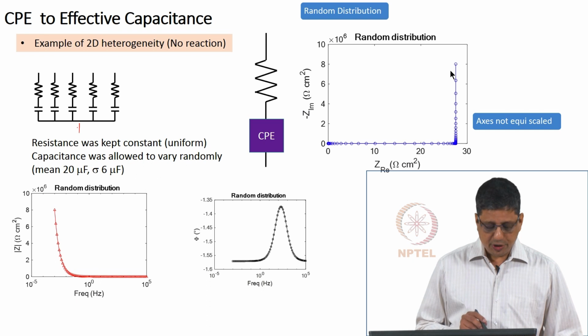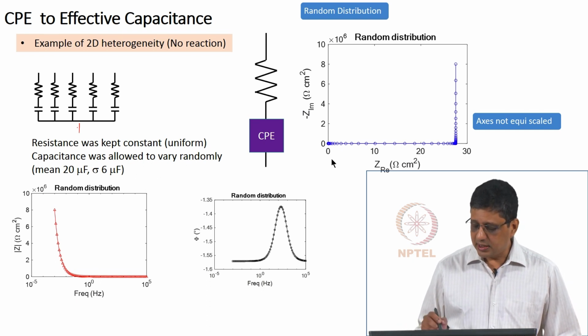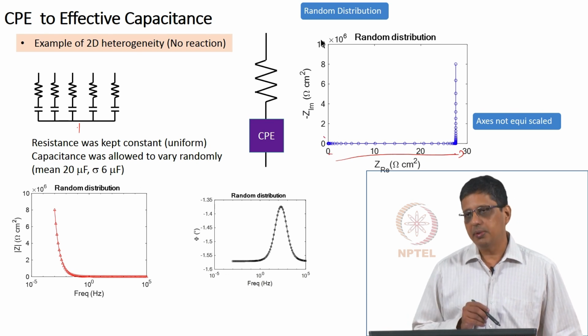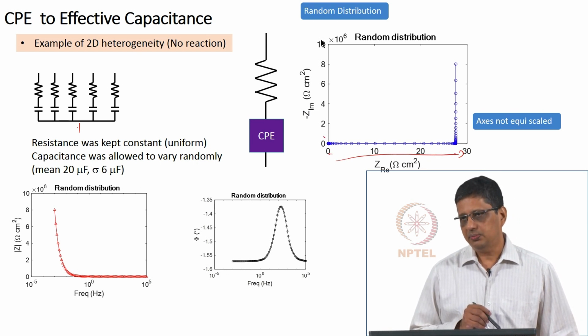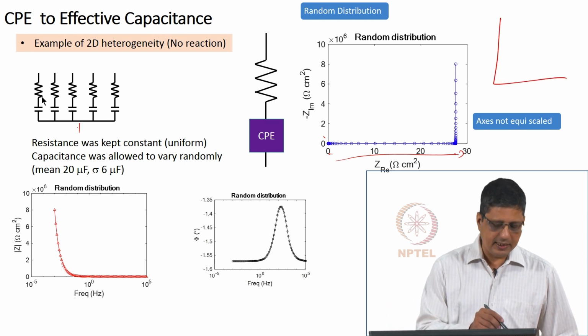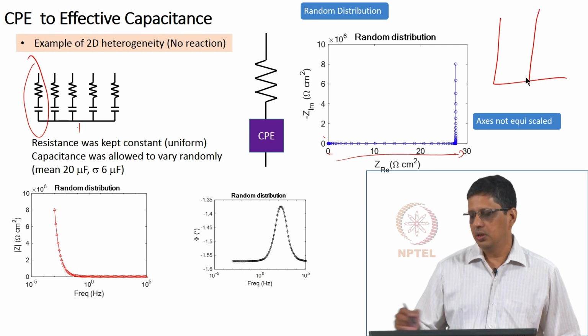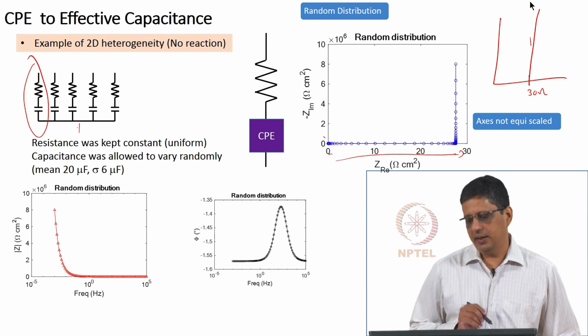If I use the random distribution and plot it, first of all note that these are not equal scales, this is 0 to 30, this is 0 to 10 mega ohm. If it is a pure simple resistor with a simple capacitor, this is how it has to look. It has to start at 30 ohm and just go as a vertical line.